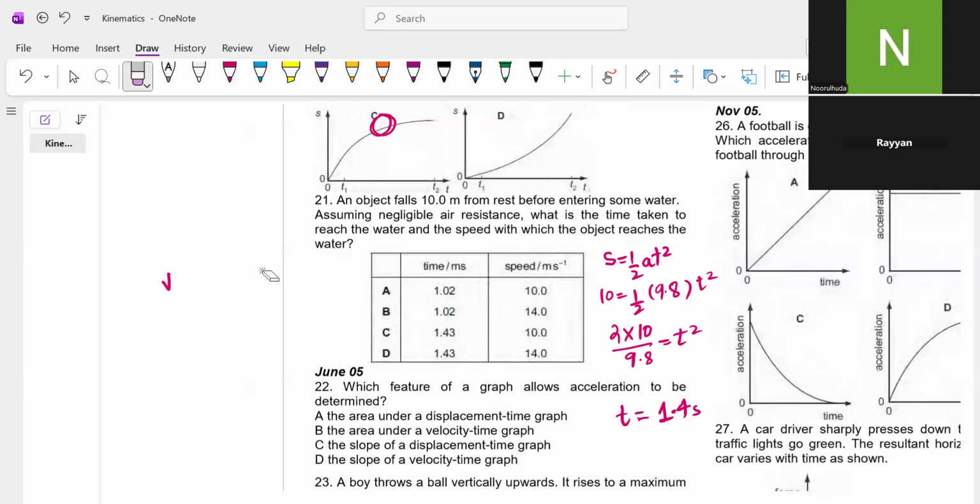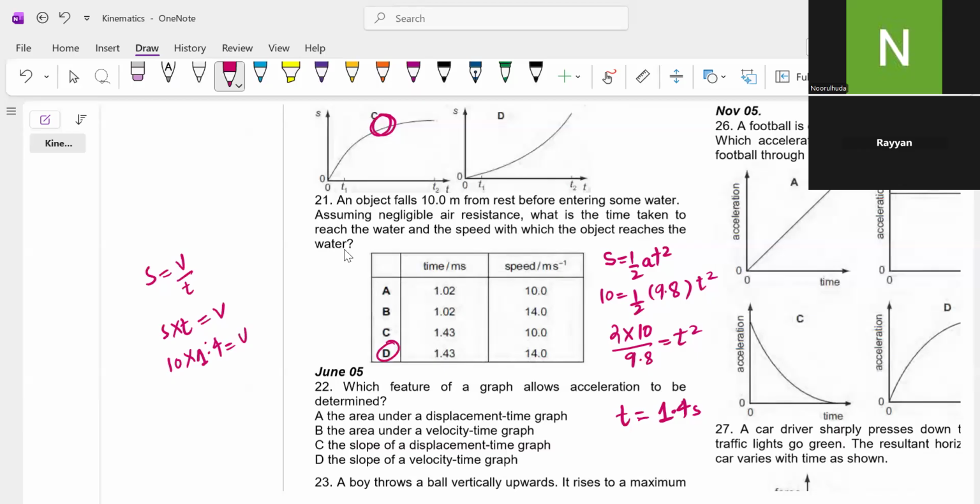Sorry, this is wrong. S equals V over T, so you multiply S and T. 10 into 1.4 will be 14, right? So the option will be D.